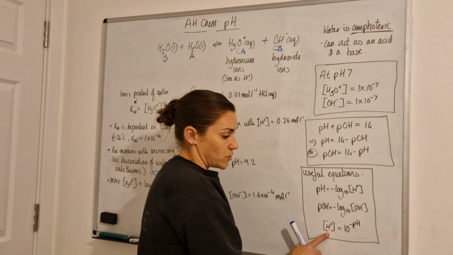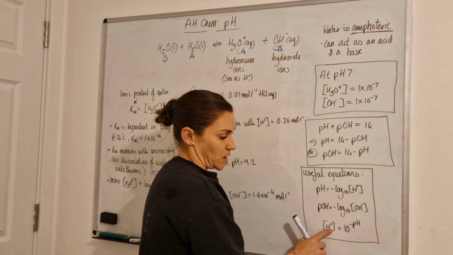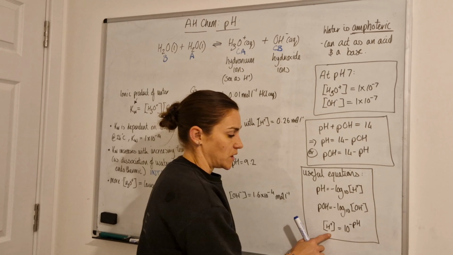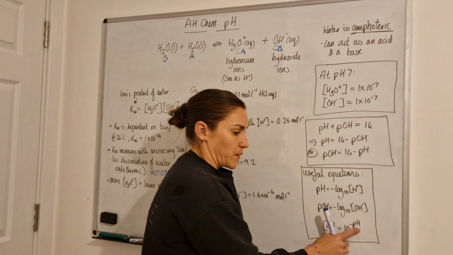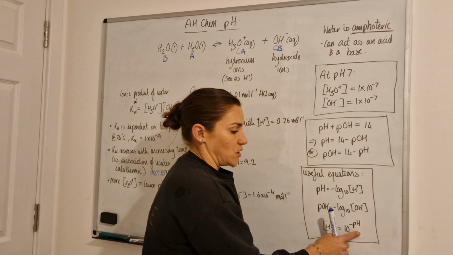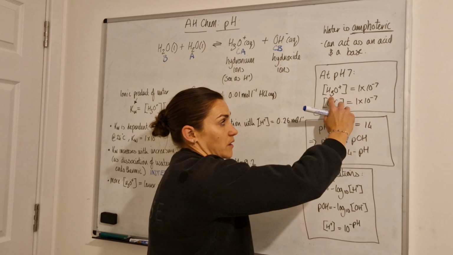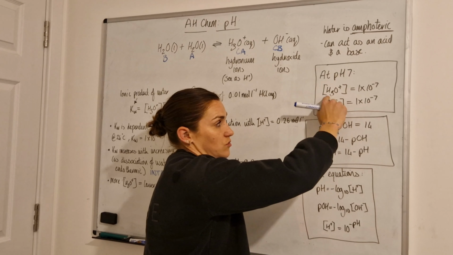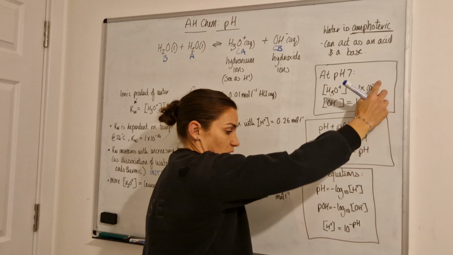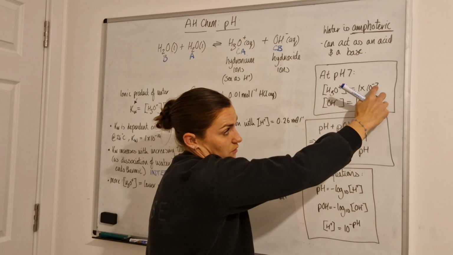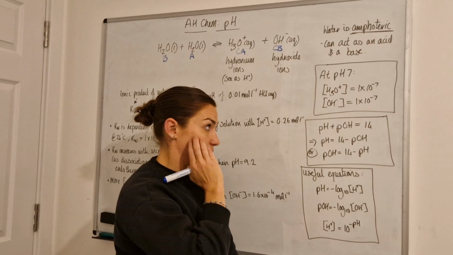So the concentration of hydrogen ions, which technically should be H3O+, is equal to 10 to the power of whatever the negative of the pH is. So here the ion concentration is this, which means the pH is then 7, because whatever that negative power number is, is what the pH will be.